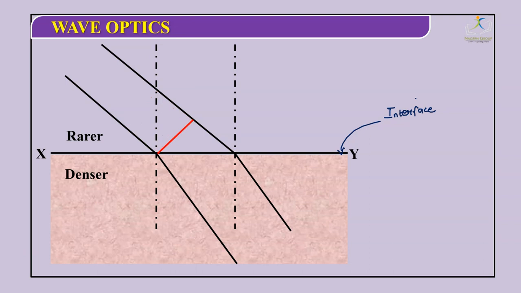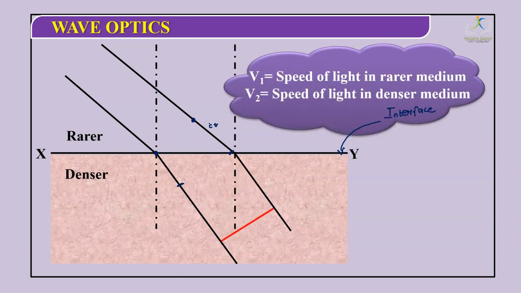So as you can see students, when this point of the wavefront strikes here, it takes some time, or it covers some distance in the form of c t. And when the light ray reaches here, then the second point reaches the surface. So v1 is equal to speed of light in the rarer medium. v2 is equal to speed of light in the denser medium.